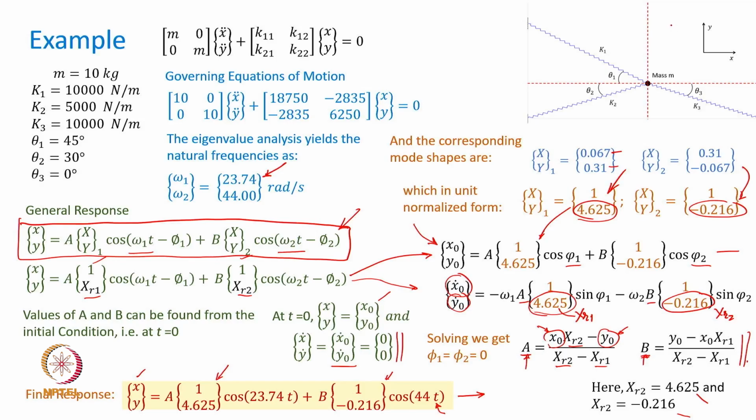I can have the initial position at t equal to 0 somewhere here. So this value will become y naught and this value will become x naught. That is my initial position of this mass, which I will pull and take it there and then release it. The three springs are going to pull it back and forth, and that's how the vibratory motion will ensue.